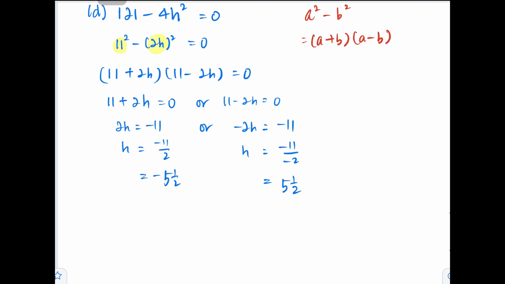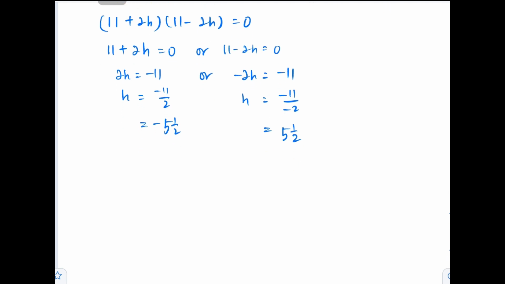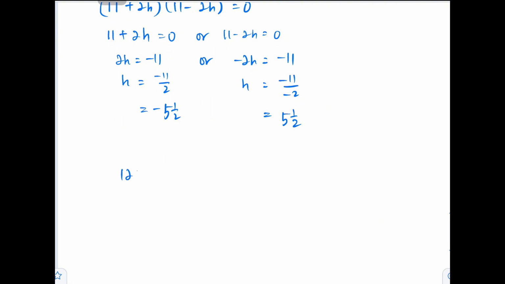Another way of solving this equation, let me rewrite it here, is to think of it as solving for 4h squared first. So 4h squared is actually 121. So what is h squared? h squared will be 121 divided by 4.